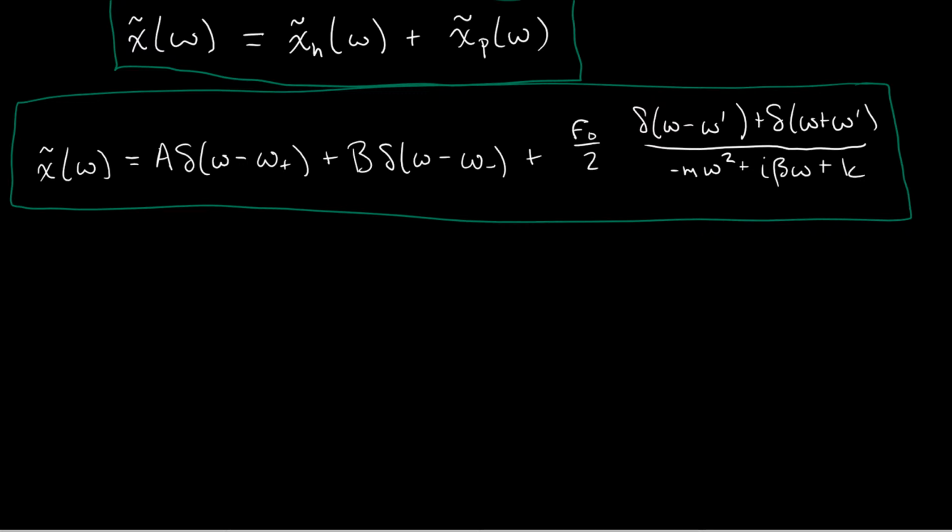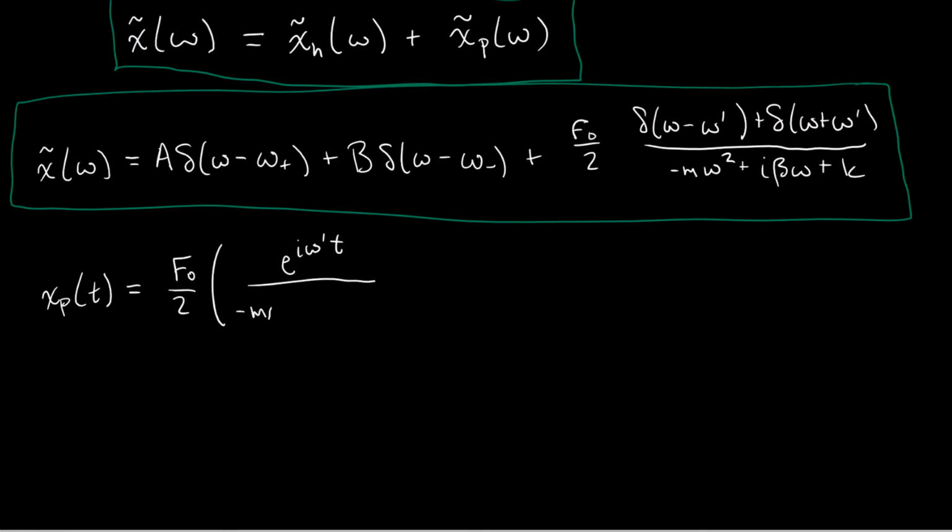We've already seen what happens to the homogeneous solution when we integrate it, so if I just look at the particular part, the particular solution x_p(t) in the time domain, just doing these integrals, I'm not going to bore you with the details of writing them out over and over again.